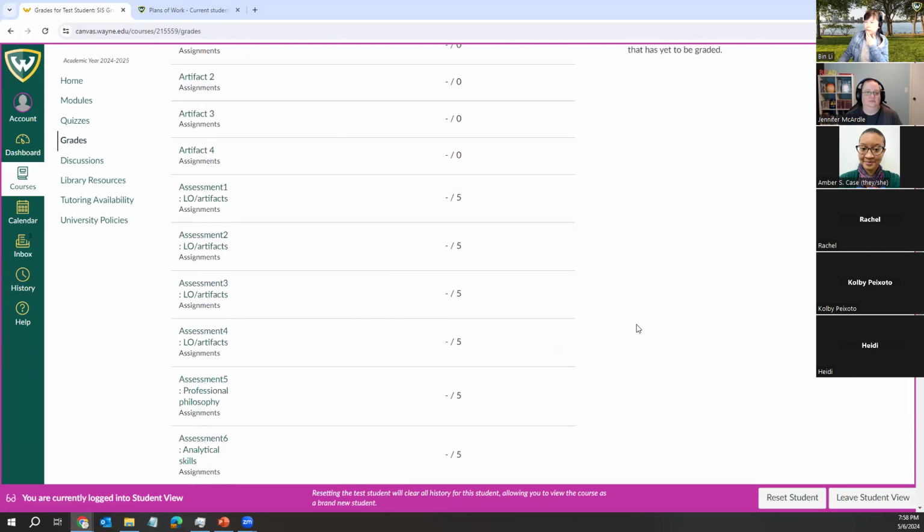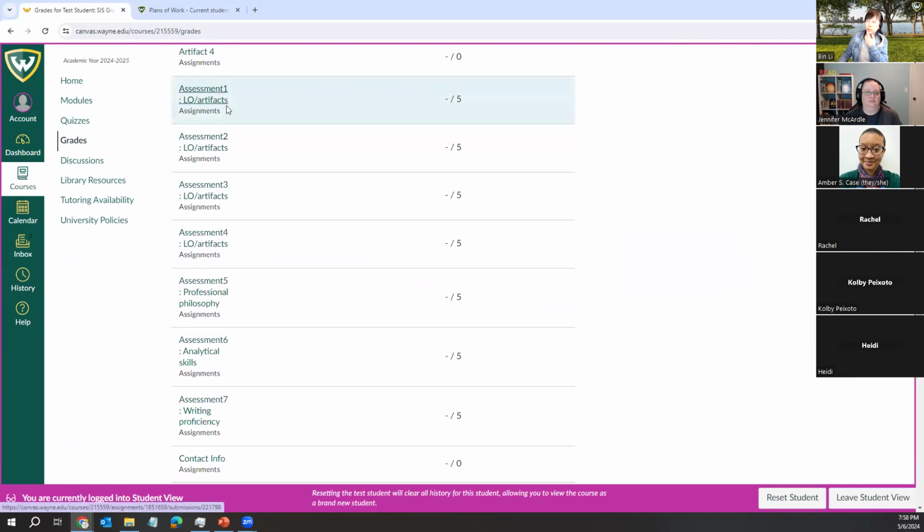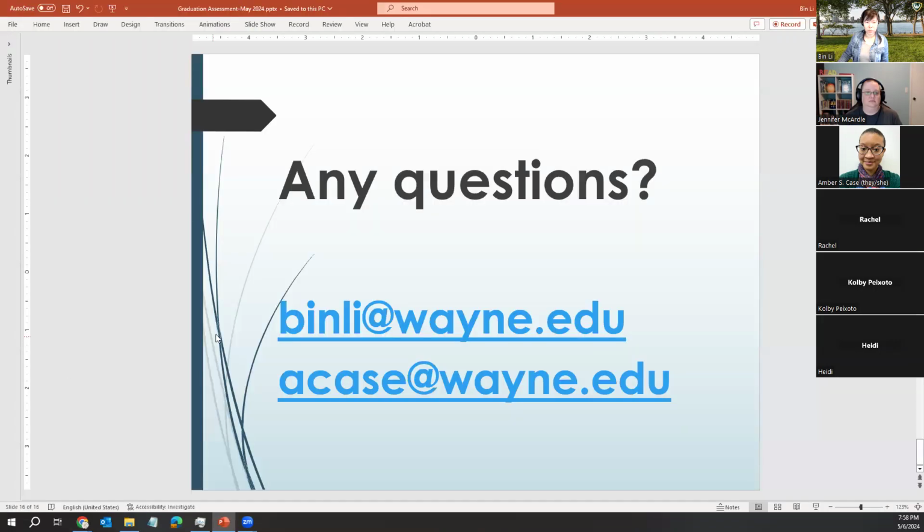So assessment one: first learning outcome, artifacts; second learning outcome, artifacts. That's a very good point Amber made. It's more about how the artifact is tied to the learning outcomes.